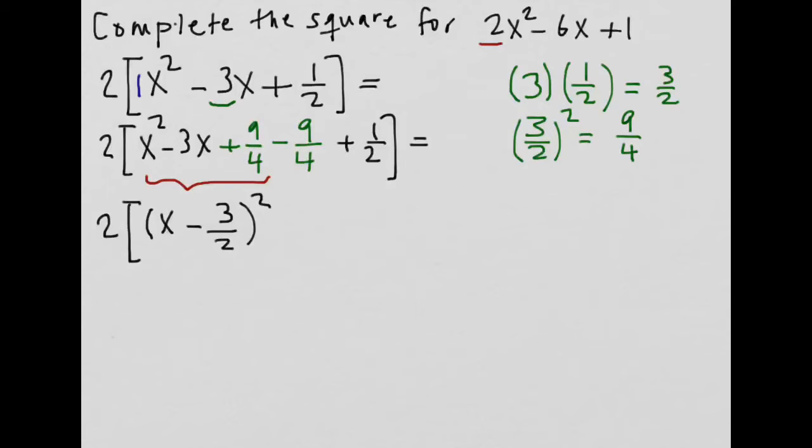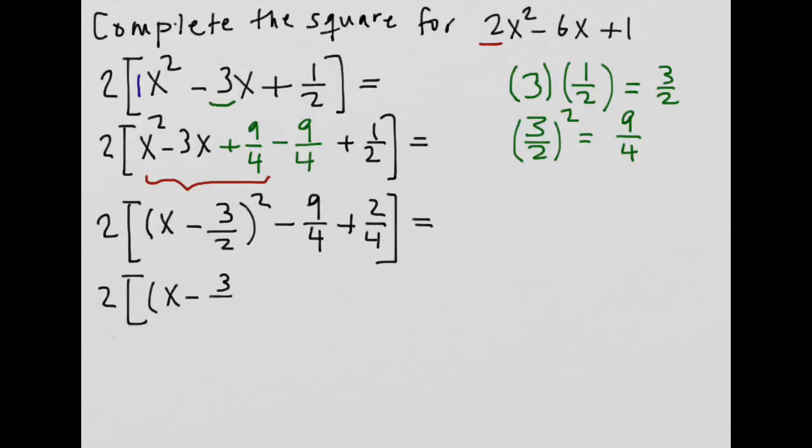We have then minus 9 over 4, and 1/2, let's write it as 2 over 4 to make the denominators the same. We have 2 times ((x minus 3 over 2) squared plus minus 7 over 4).